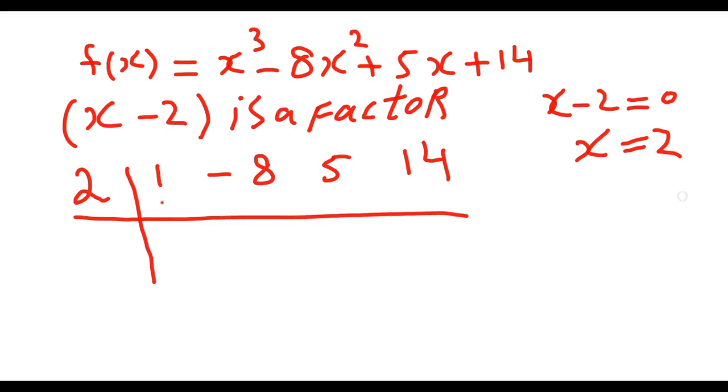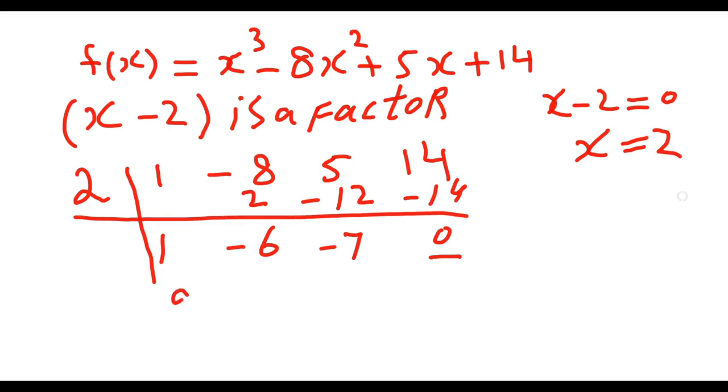First I pull down the first coefficient. Now 2 multiplied by 1 is positive 2, and I add, the answer is negative 6. Negative 6 multiplied by 2 is negative 12, I add, the answer is negative 7. Negative 7 multiplied by 2 is negative 14, I add, the answer is 0. The last value is 0, which means x minus 2 is a factor.